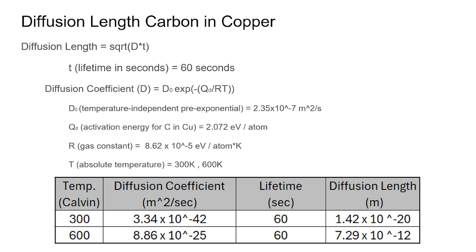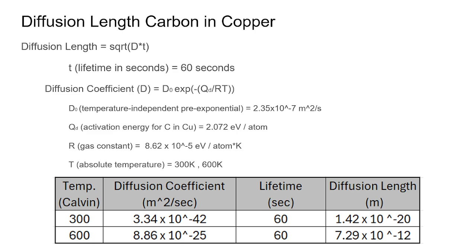Looking at the table on the bottom, you can see that at 300 Kelvin, the diffusion coefficient would be 3.34 times 10 to the negative 42. The lifetime would again be 60 seconds. Plugging those into the diffusion length formula, you get a diffusion length of 1.42 times 10 to the negative 20 meters.